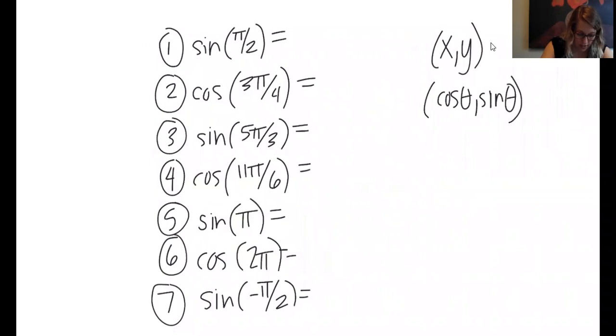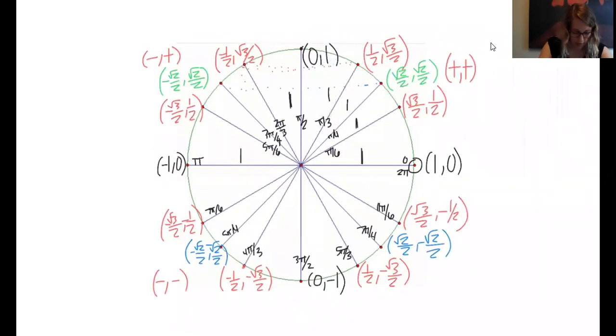So the next question was cosine of 3 pi over 4. The first thing I noticed is it's a cosine, so I'm going to be looking for an x value, and then 3 pi over 4 is the angle. The more you get used to the unit circle, personally, I like to memorize the radians around the circle first to make sure I'm really comfortable with that.